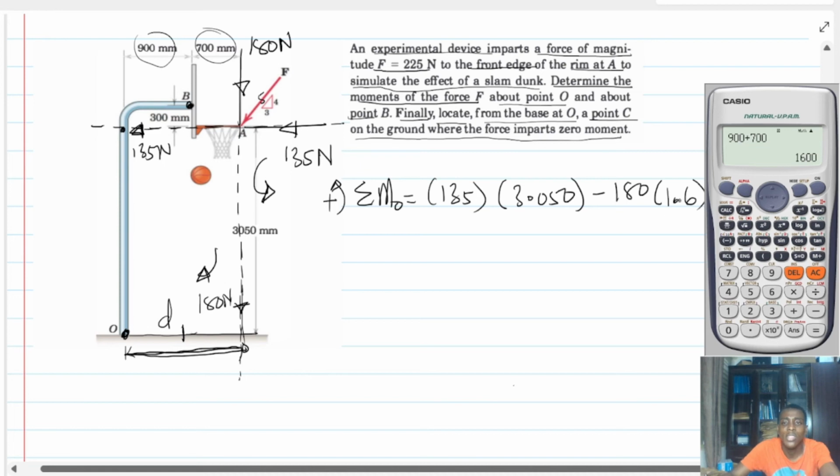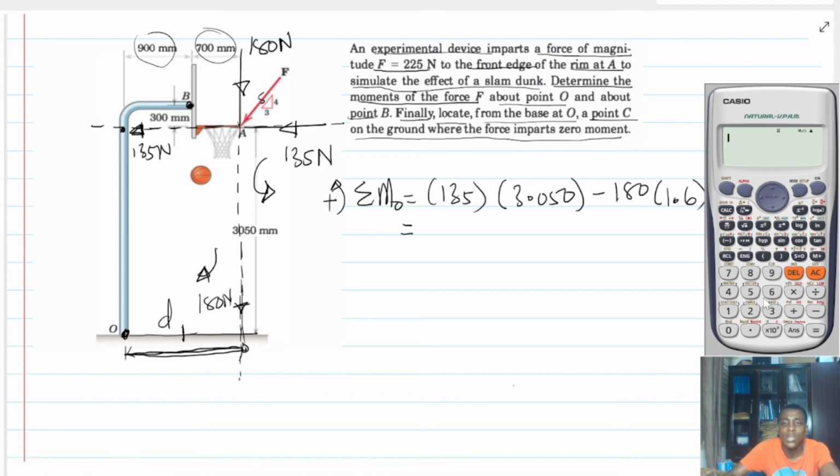So that is 1.6 meters. So the moment about O is what? It's going to be 135 multiplied by 3.050 minus 180 multiplied by 1.6.